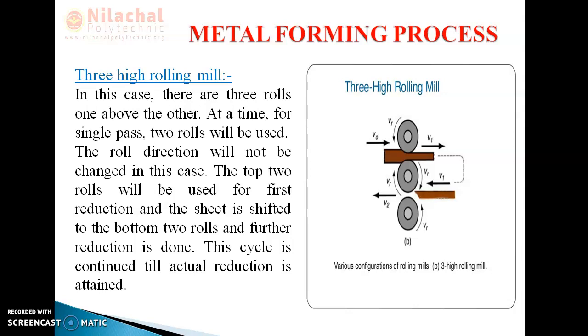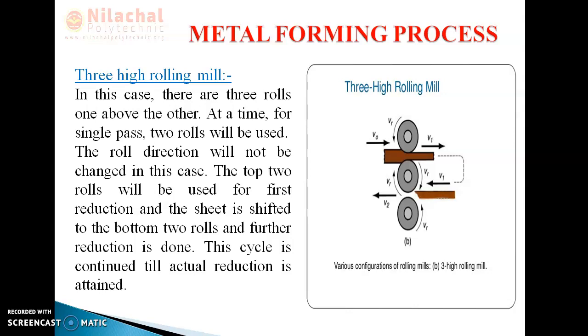First, the workpiece passes through the bottom and the middle roll, and then returns between the middle and top rolls, so that the thickness is reduced at each pass. Though a number of workpieces can be passed through the rolls simultaneously, it gives a higher rate of production. This type of mill is used for finish rolling of billets, etc.